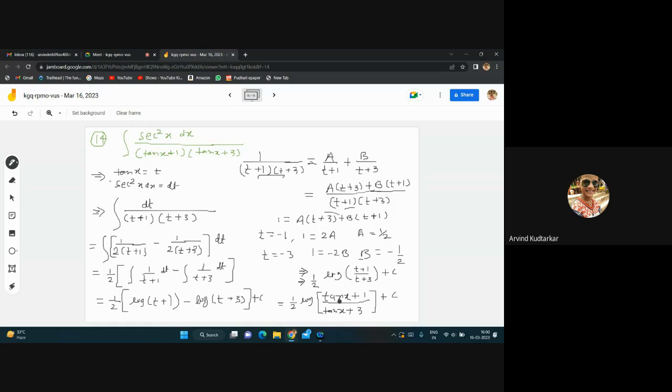So half into log of tan x plus 1 upon tan x plus 3 plus c is the correct option for their indefinite integral.